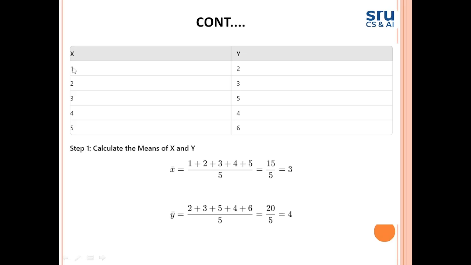Just add all the data values under capital X and divide by 5, because here we have the number of data samples as 5. What we get here is 3. Next, y bar: we have to add all elements of, say, the y matrix and divide by 5. Here we are getting 4.